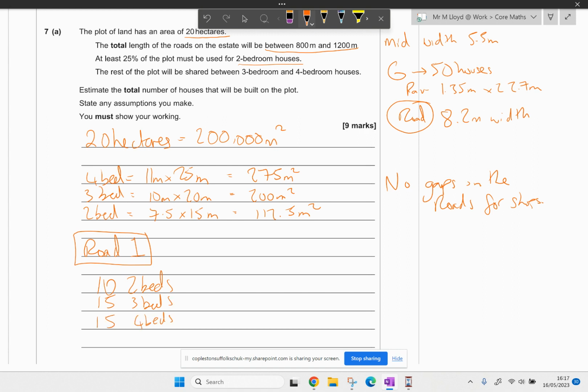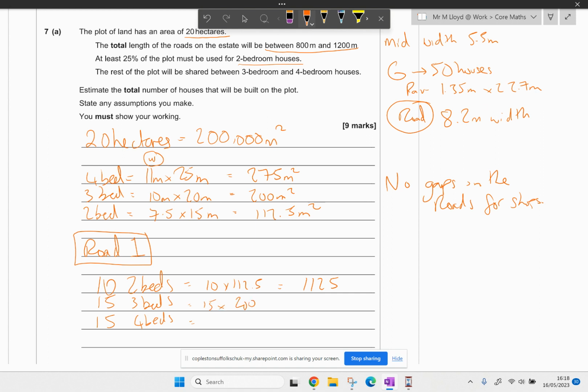Okay, so firstly, I also need to work out whether this is width or length. Actually, it doesn't say, does it? Houses must go deeper than they go wider, so I'm going to say the width is a small bit, and they're going to go across. So anyway, I've got to work out this first, haven't I? Can't mess around. So 10 2-beds, that's going to be 10 times by 112.5, that is 1,125. 15 times by the 3-bed, 200.